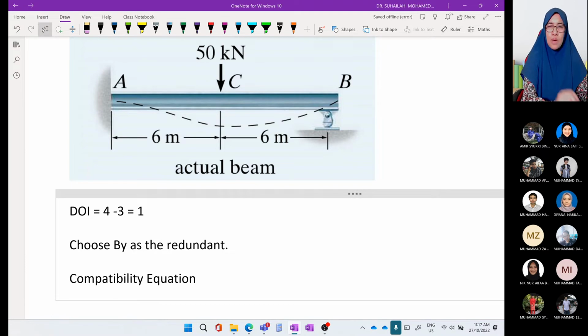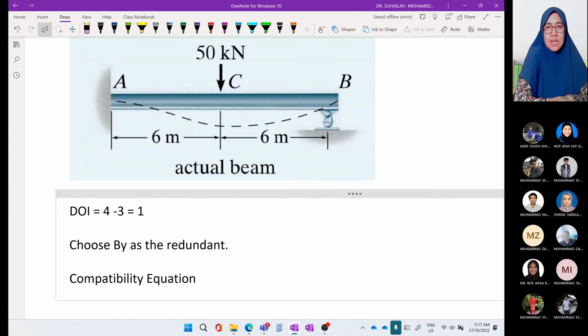I have discussed what the compatibility equation actually is, and I have shown in the previous class how we derive the compatibility equation, which is based on the principle of superposition.